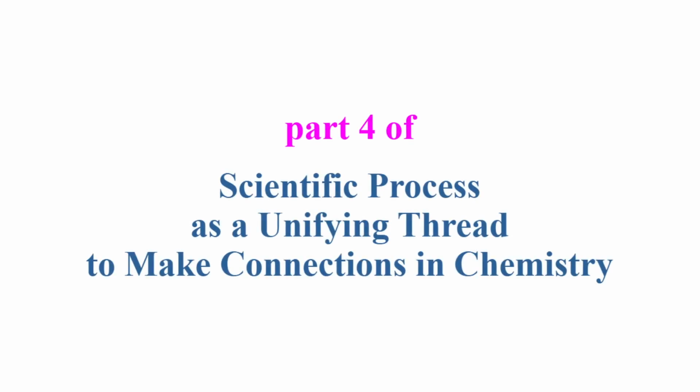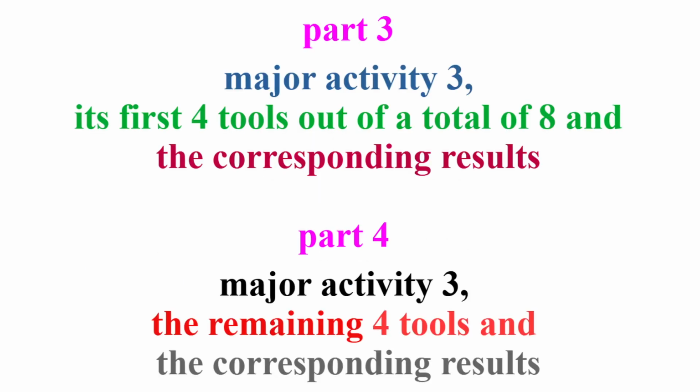Scientific process as a unifying thread to make connections in chemistry. In part 3 of this video series, we discussed in detail the first 4 tools of major activity 3 of the scientific process, namely making sense of, understanding, and hence explaining facts that are generalized into empirical classifications and laws, and those that still remain isolated.